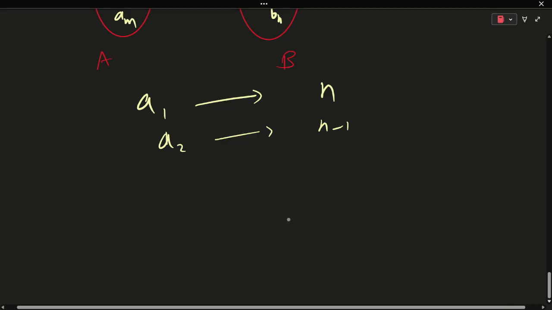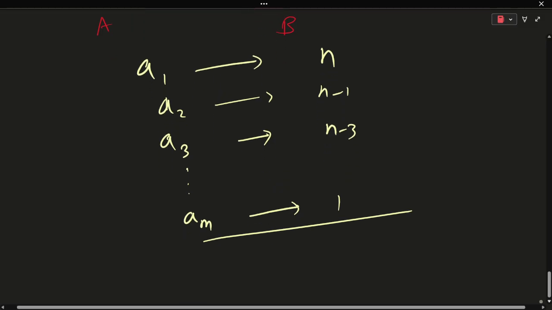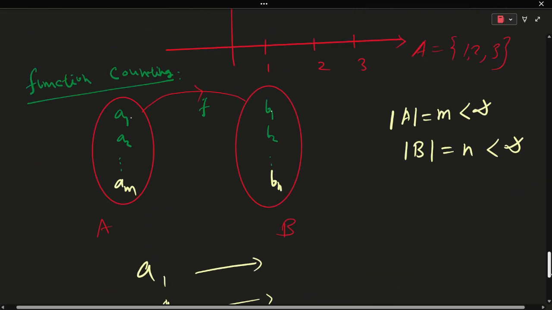Okay, A1 has n choices, and then you choose for A2 n minus 1, one decreasing, and so on, the last term being 1.